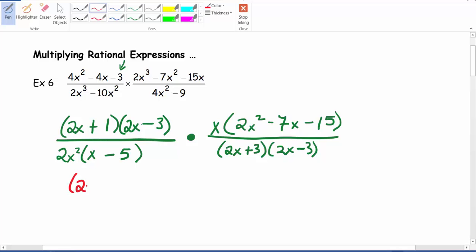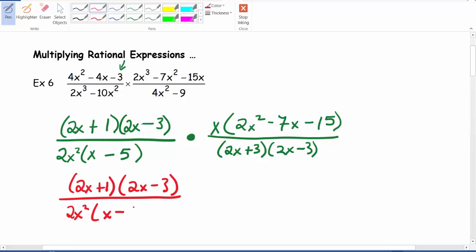So we would end up then with 2x plus 1, pretty much just rewriting most of this, as 2x minus 3 all over 2x squared times x minus 5 times x is still on the outside. And then breaking this down, 2 things that multiply to 2x squared would be 2x and x.